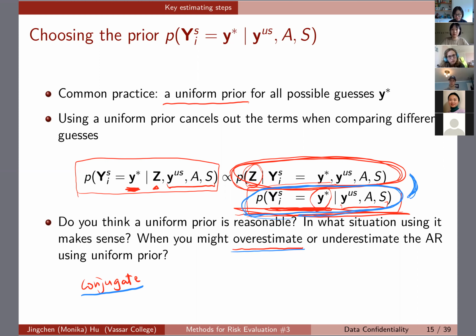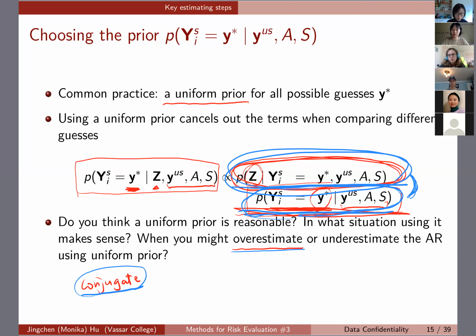It's interesting that your group talked about conjugacy. This is the prior, and the one above it is the likelihood for the sampling model. So that would be a way where we might want to use conjugacy, if it's easier for the estimation. The thing is, once we get to the next step of how to estimate this part, you realize that part most likely is not a known distribution anyway.